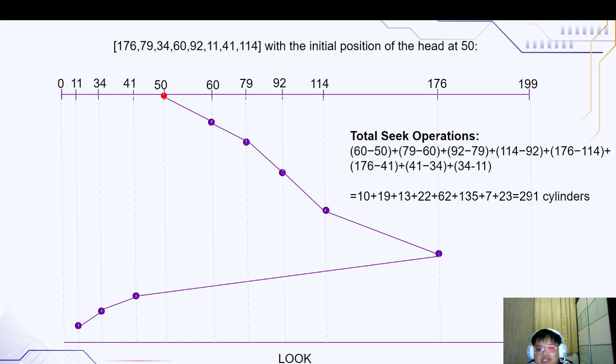The total seek operation is calculated like 60 minus 50; from the initial position to the next position, you just subtract. So the total is 10 plus 19 plus 13 plus 22 plus 62 plus 135 plus 7 plus 23, equal to 291 cylinders. That's all for the LOOK algorithm.